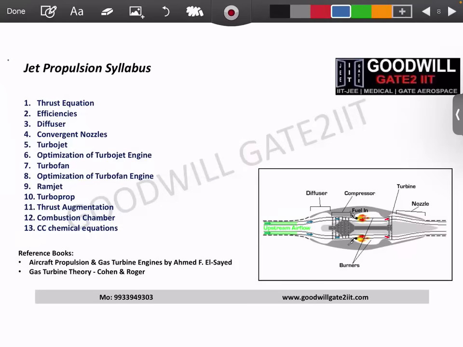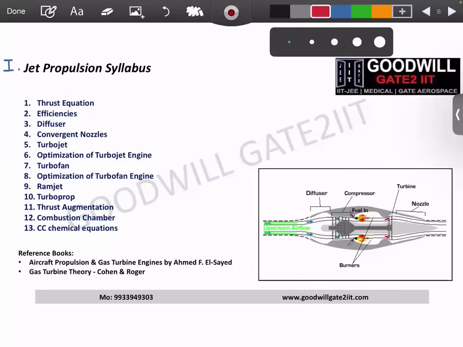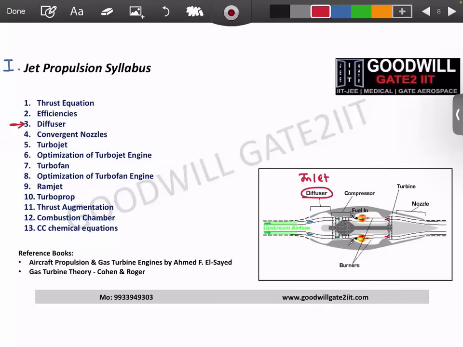All right. So what we will be doing here, as per our GATE syllabus, we'll try to understand the inlet. I told you this is the inlet, also known as the intake.